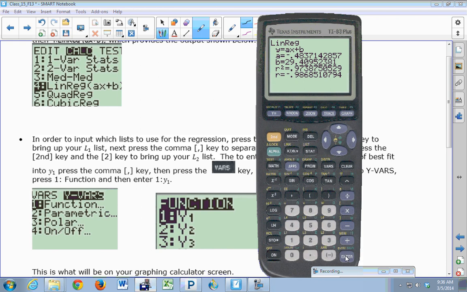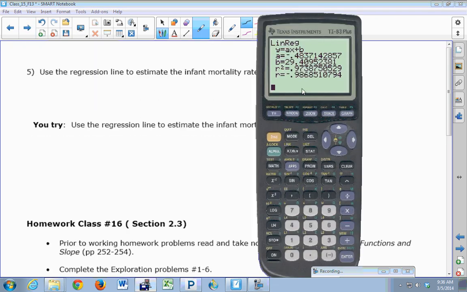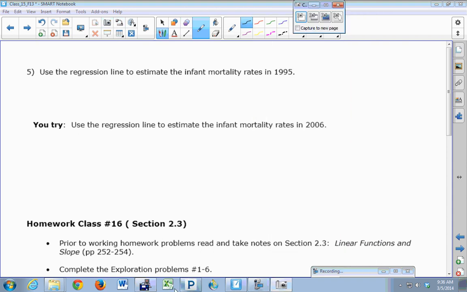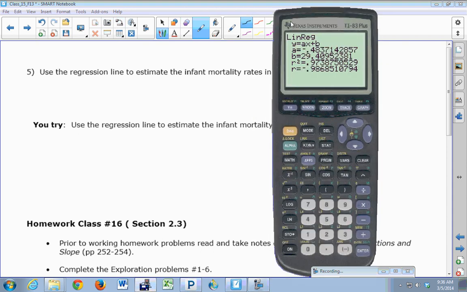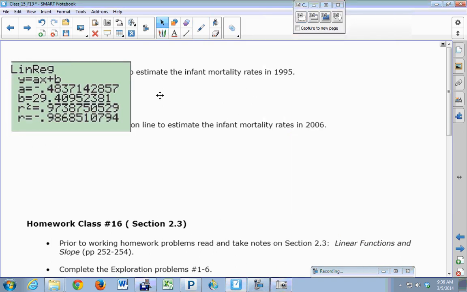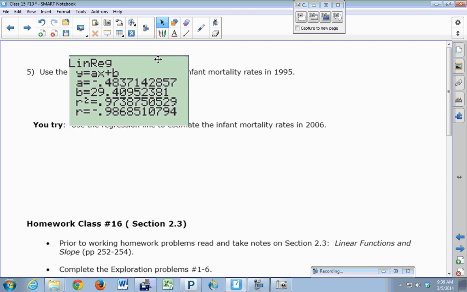So how do I come up with the equation for my regression line? Well, let's take a look at what it says. Let's take a picture of this. Okay. All right, so here's all the data my calculator gives me. Notice their line is y equals ax plus b. That's like y equals mx plus b, right? A is just your slope here.